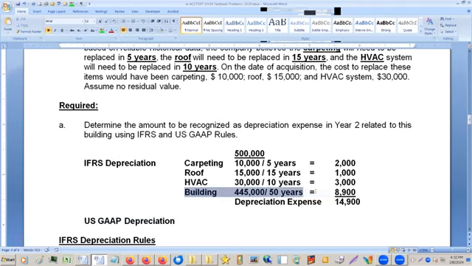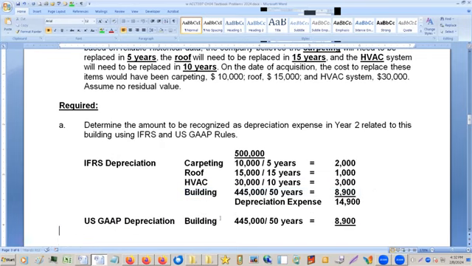U.S. standards are, what is it? 10,000. It's 10,000.